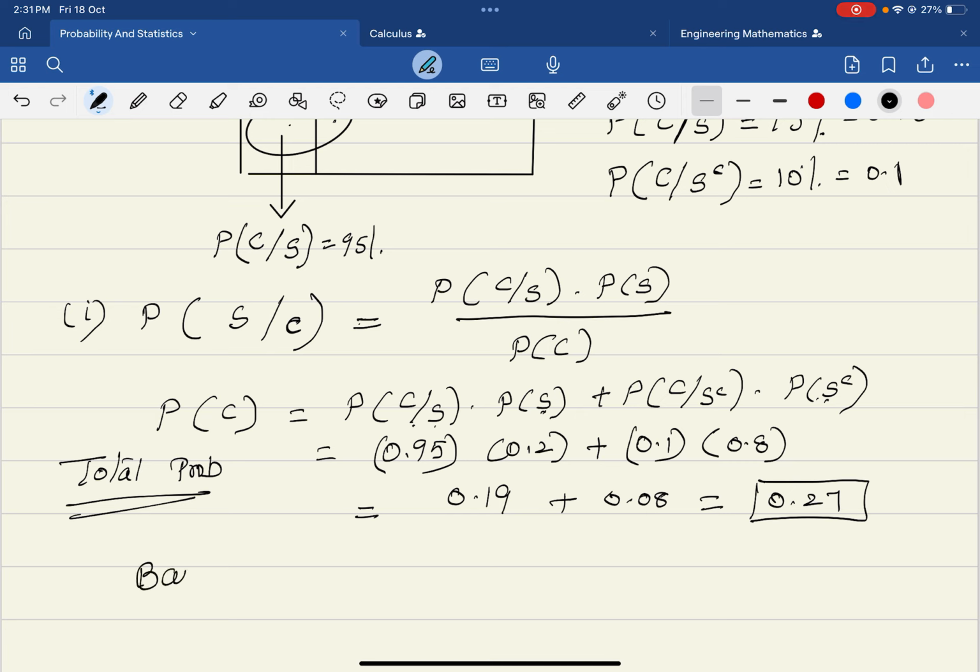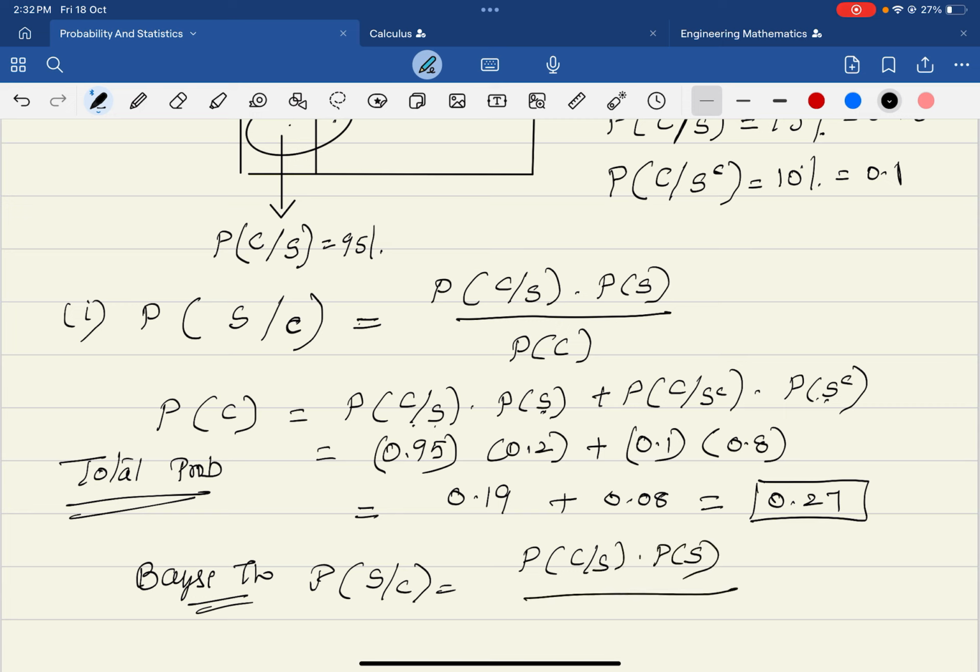Now we go to the Bayes theorem. P of S given C is P of C given S multiplied by P of S, over P of C, where P of C is P of C given S times P of S plus P of C given S complement times P of S complement.